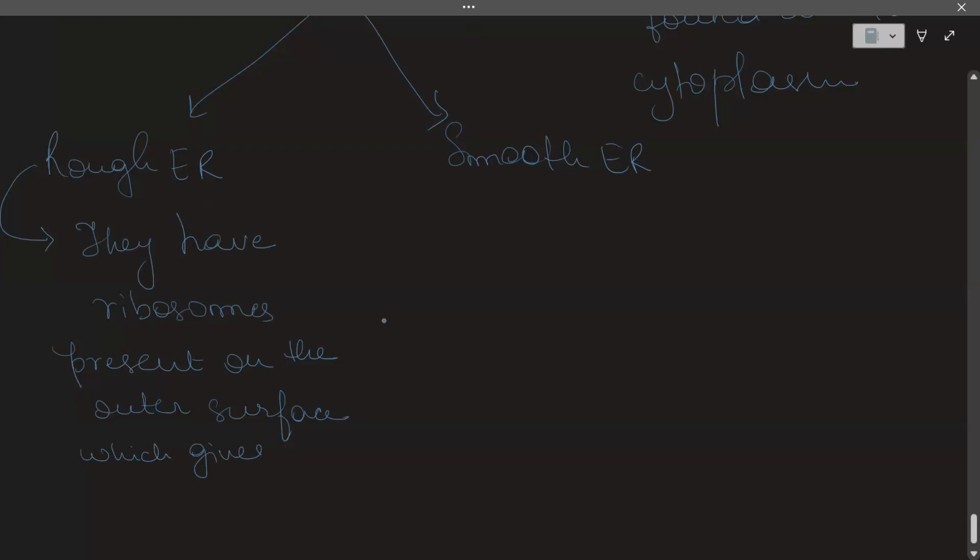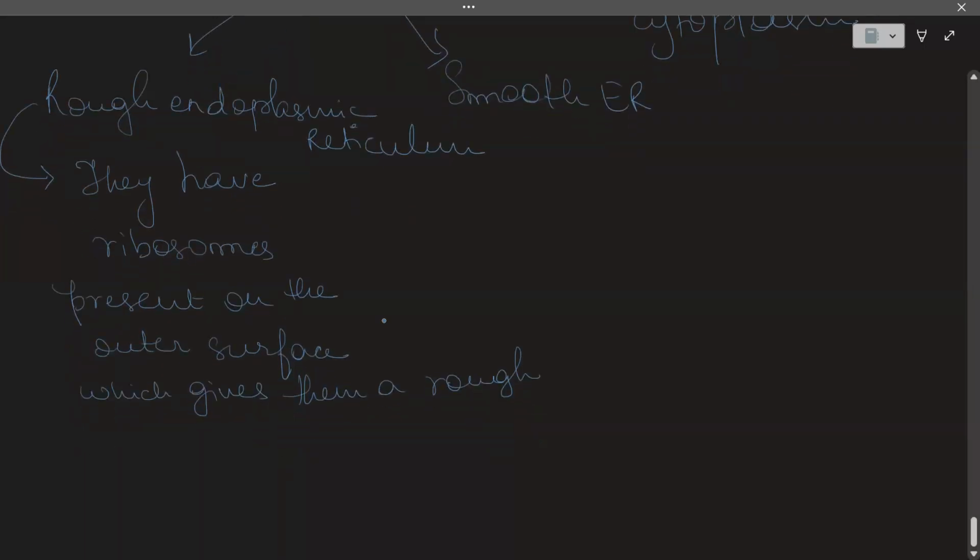Rough ER, rough endoplasmic reticulum. The presence of ribosomes on the outer surface gives them a rough appearance. That is why they are known as rough endoplasmic reticulum.